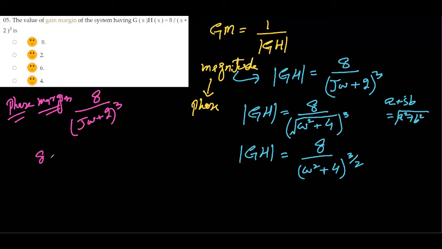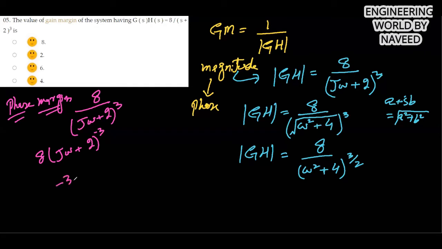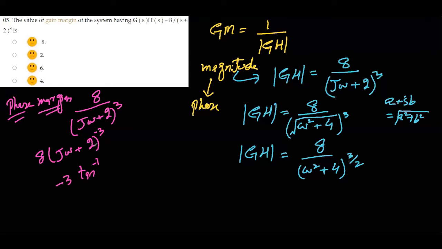I can write it like 8 into (j omega plus 2) to the power minus 3. So the phase will be minus 3 tangent inverse of omega divided by 2, that will be equal to minus 180 degree. So tangent inverse of omega divided by 2 will be equal to 180 divided by 3, that's equal to 60 degree.